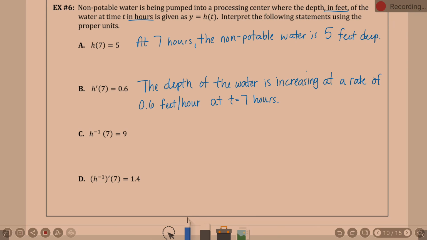So what am I saying here? I lost it. The depth of the water is 7 feet after 9 hours.